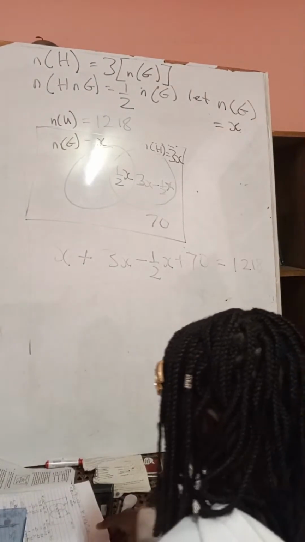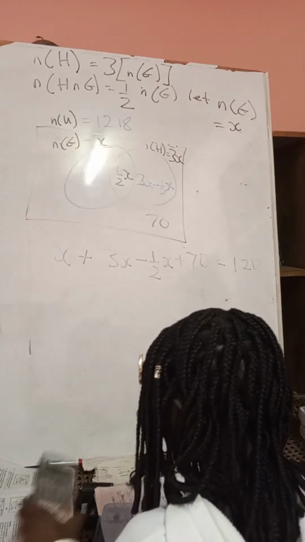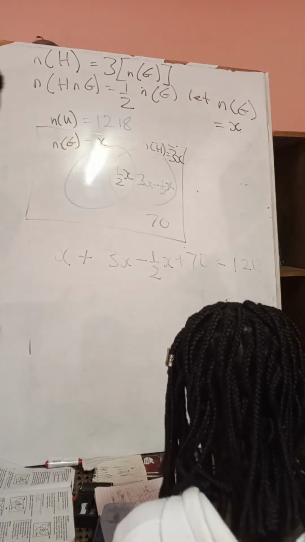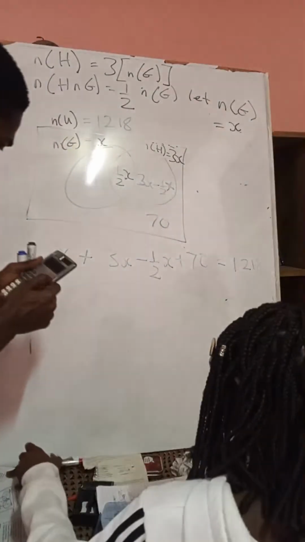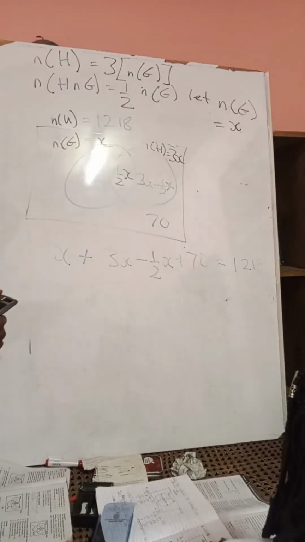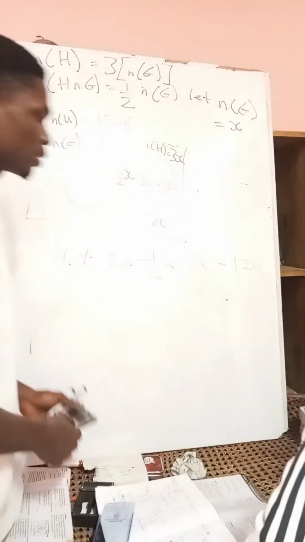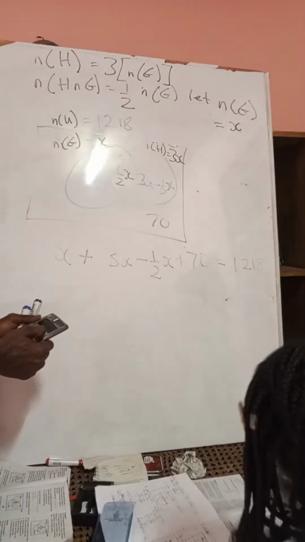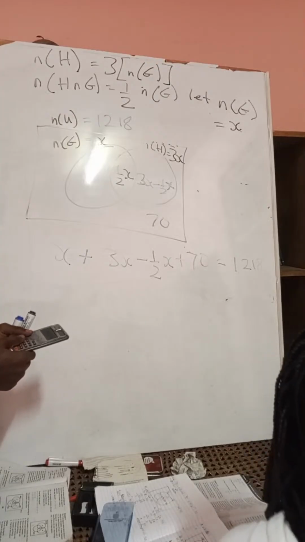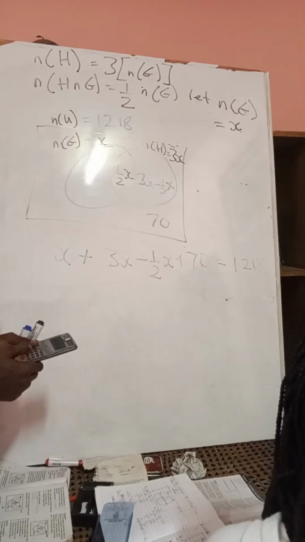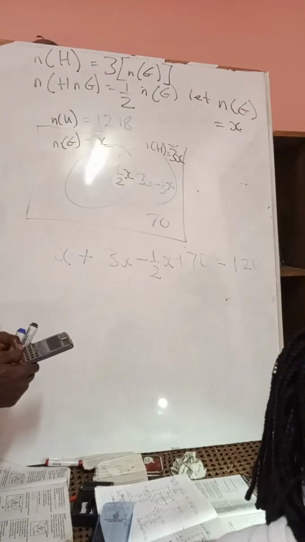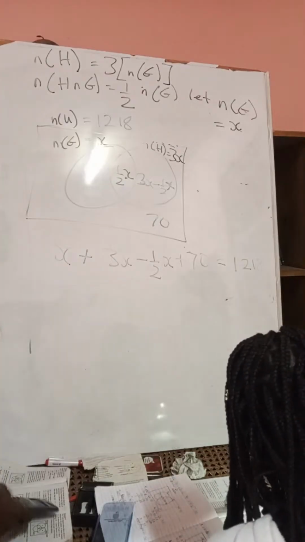You don't have time. You have to hurry up. You don't have time at all. Is this one working? It's not working. Didn't you bring a calculator? Okay, then hurry up. And then you see people are watching you.